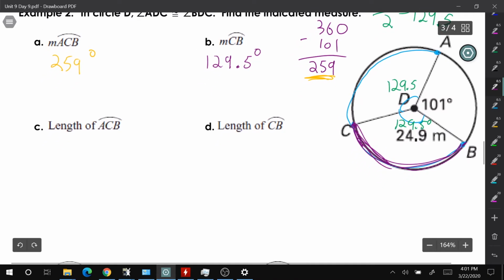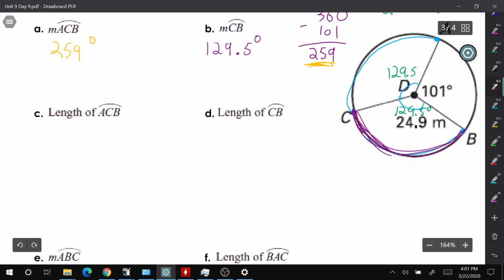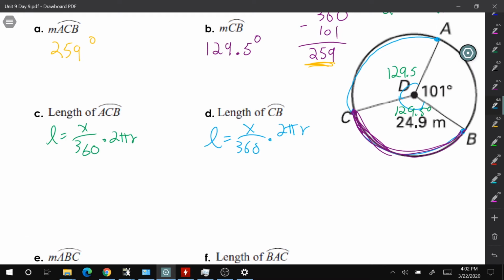Now letters C and D, we're asked to find the length. That's where we use the arc length formula. And I will let you do those real quick. So pause the video and do that.